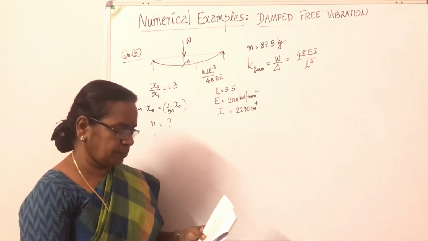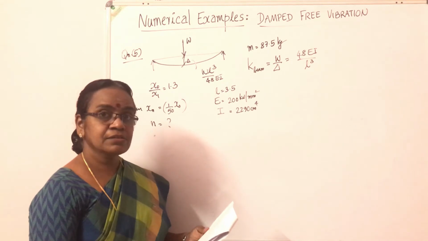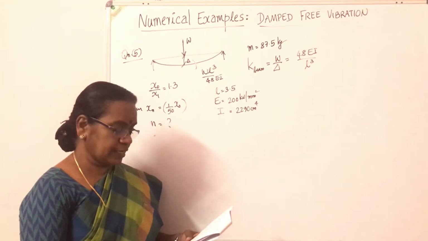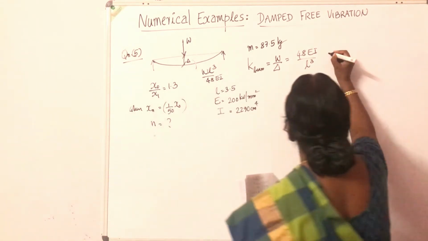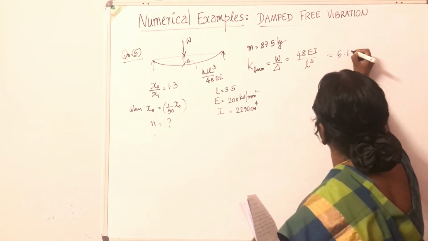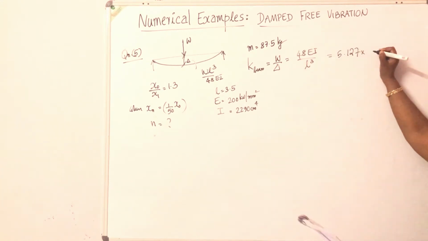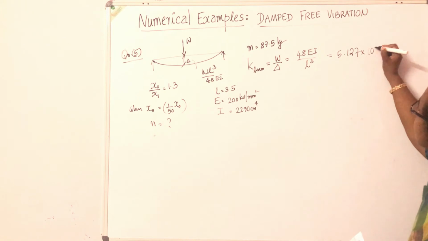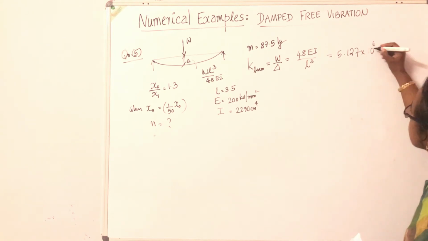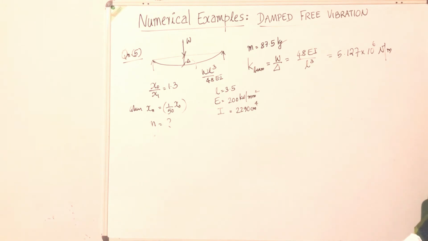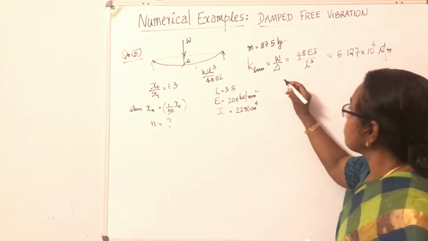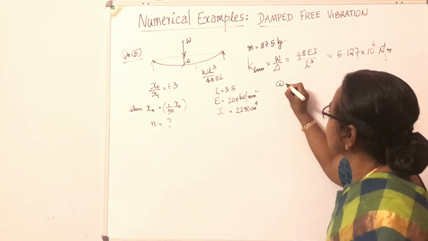All the units should be in meters, and you will get the stiffness of the beam as 5.127 into 10 raised to 6 Newton per meter.